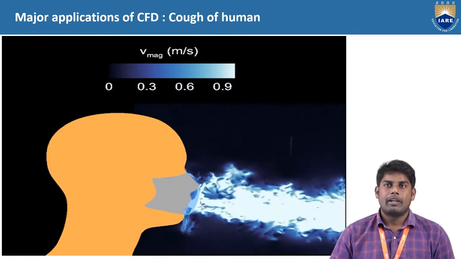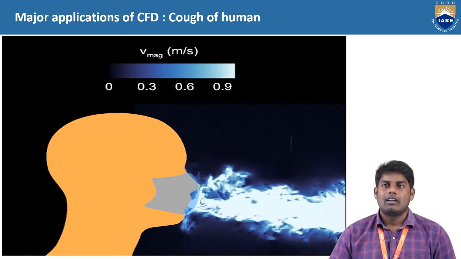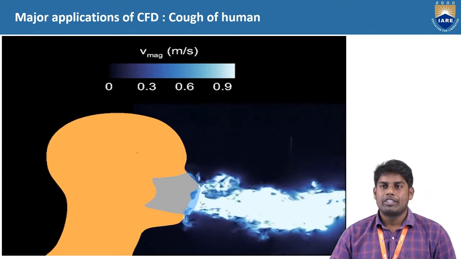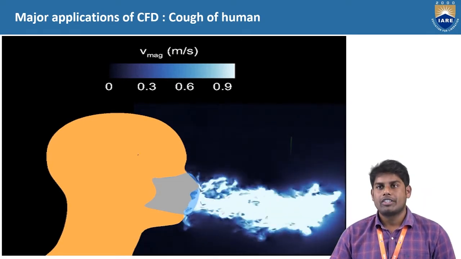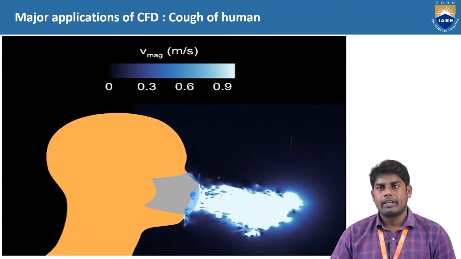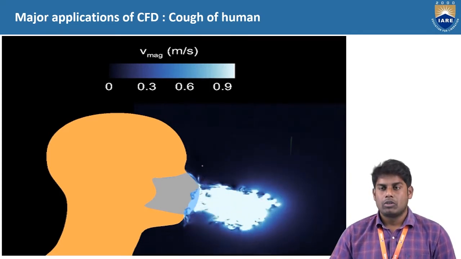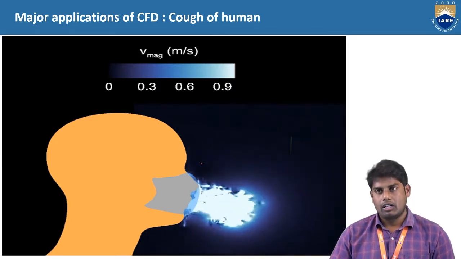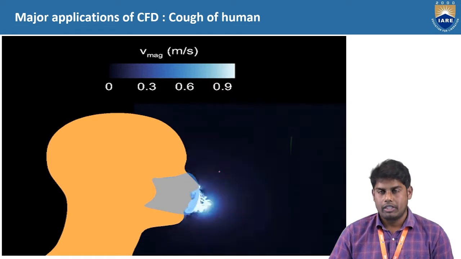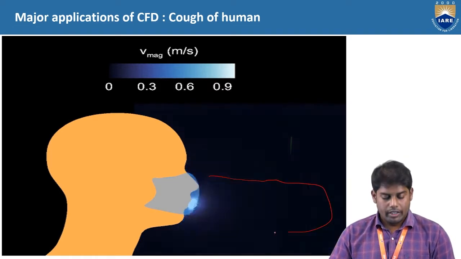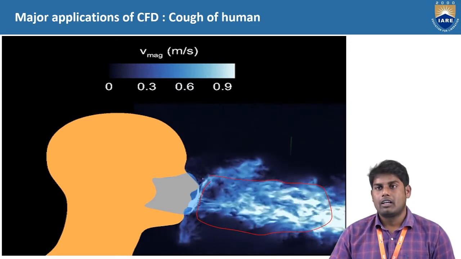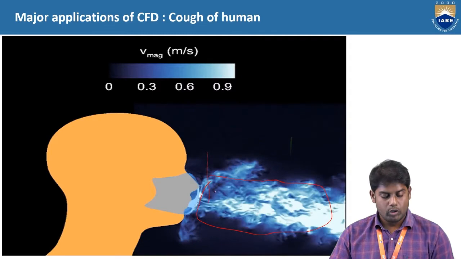yeah, the major application right now people are looking at is for COVID. Even to estimate the flow visualization of a cough from a human body, this can also be estimated using the CFD tool. Here you can see that it has been ejected with a maximum velocity of 0.9 meters per second. Here you can see how fluid particles are spreading after the human ejection.